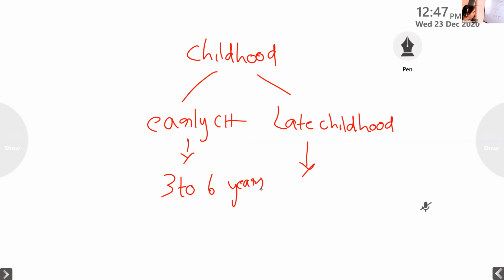So childhood is divided into two according to the researcher Hurlock: early childhood and late childhood. Early childhood is a stage from 3 to 6 years. What about the late childhood, Reina?